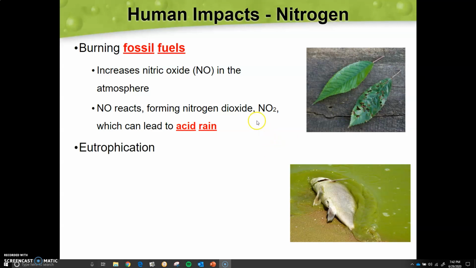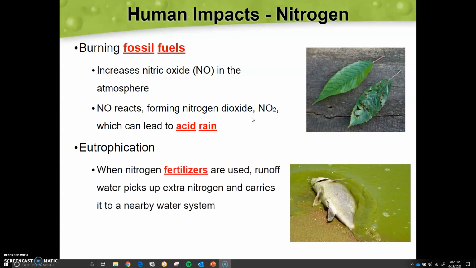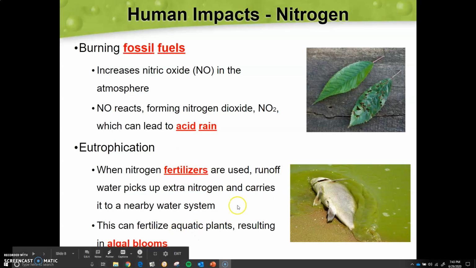And then another process from too much nitrogen is going to be eutrophication. Fertilizers contain nitrogen. When they're used, runoff water picks up extra nitrogen and carries it into nearby water systems. Because it's a fertilizer and there are tiny aquatic plants and large aquatic plants found in waterways, it can result in what we call algal blooms.